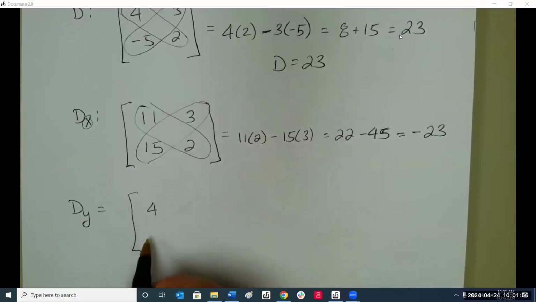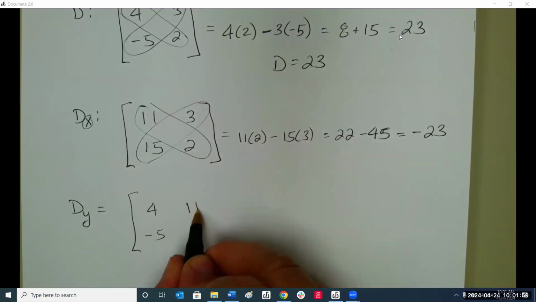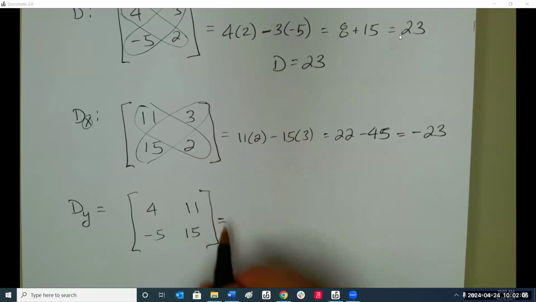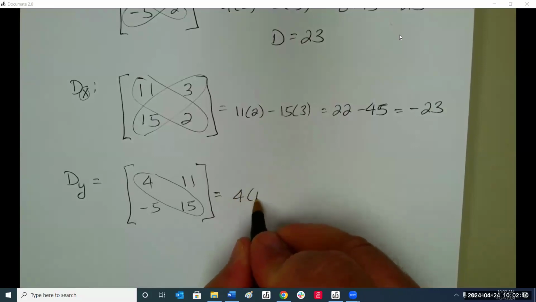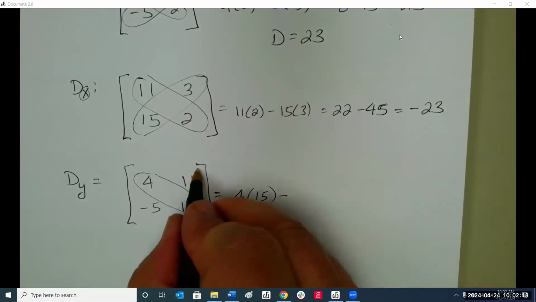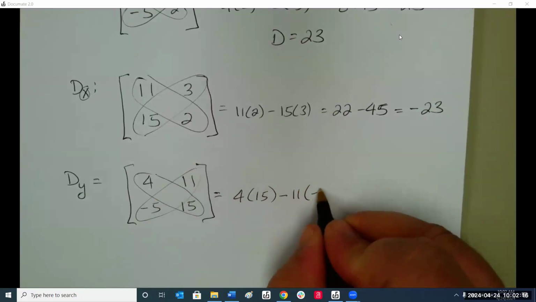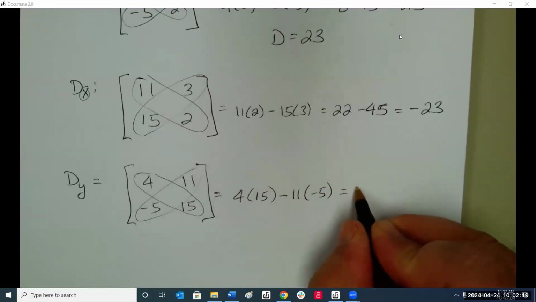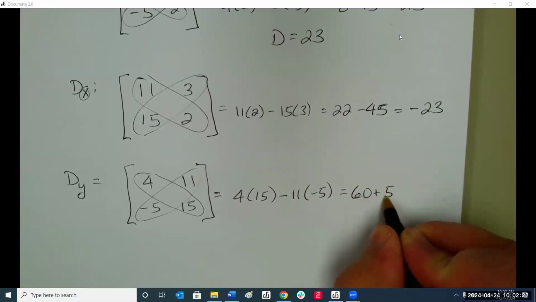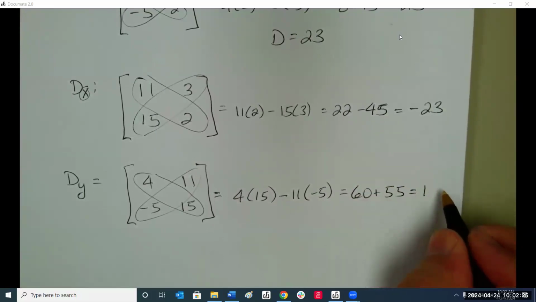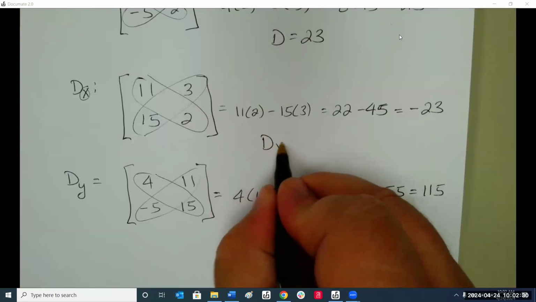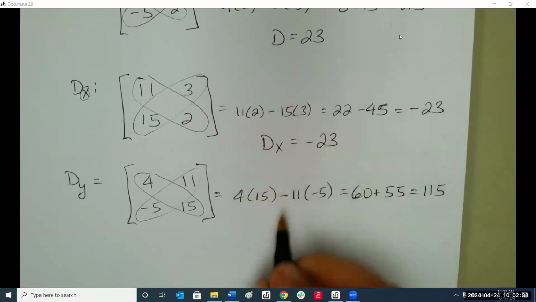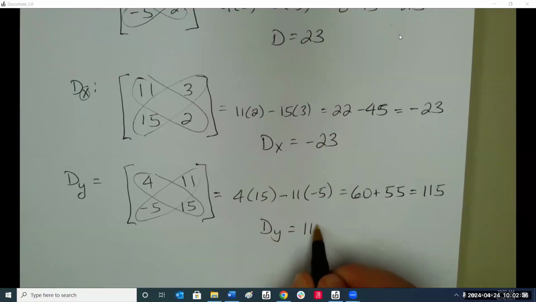Leave the x column alone. Put the answers in the y column. 60 plus 55 is 115. So dx is -23. dy is 115.